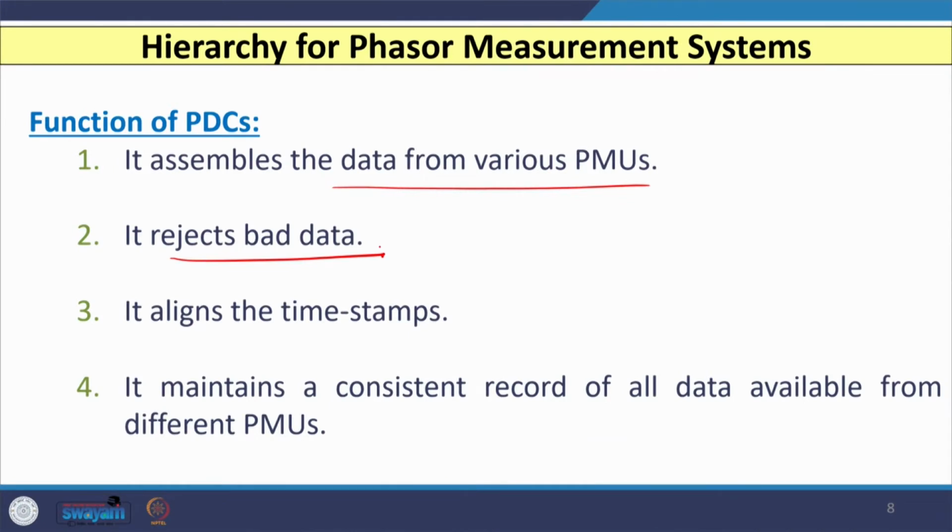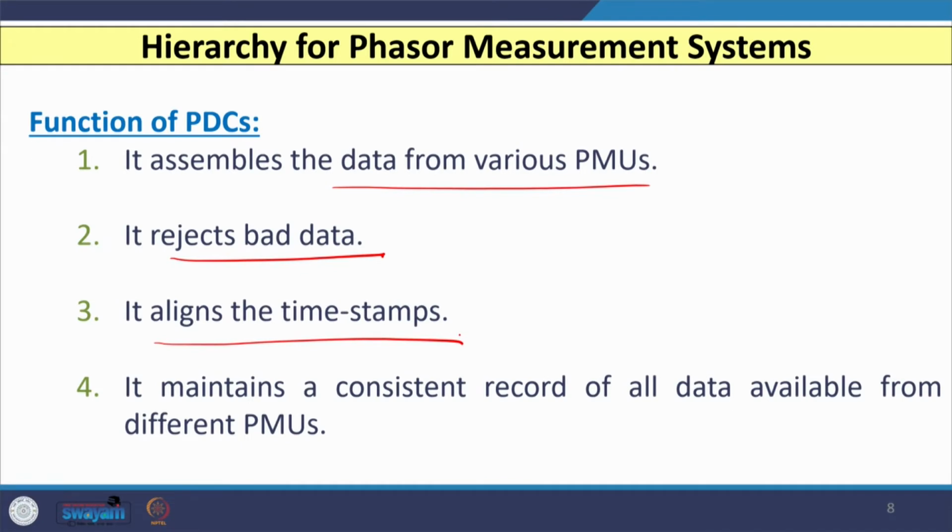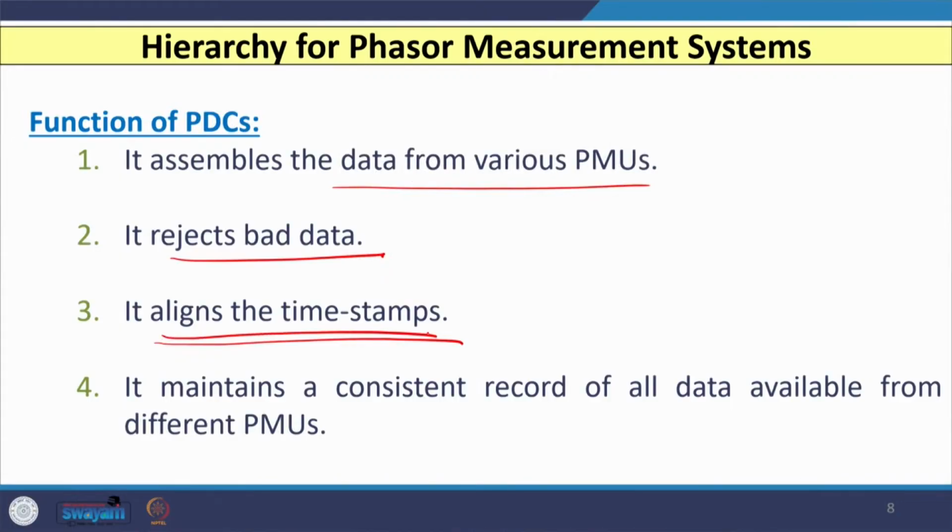It rejects the bad data if there is any from the PMU. It also aligns the timestamps, because normally PMUs located at different substations send the data in terms of packets. So, alignment in terms of timestamps is also required. Moreover, the PDC maintains a consistent record of all the data available from different PMUs, that is, from PMU number 1 the data are available at this instant from this address, and so on.